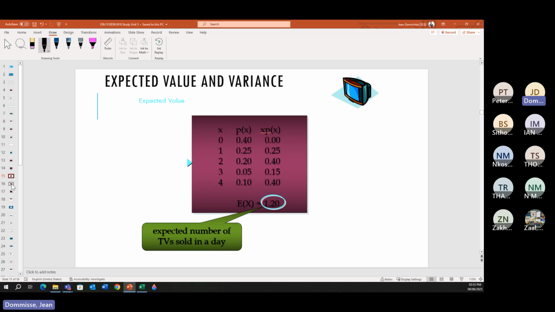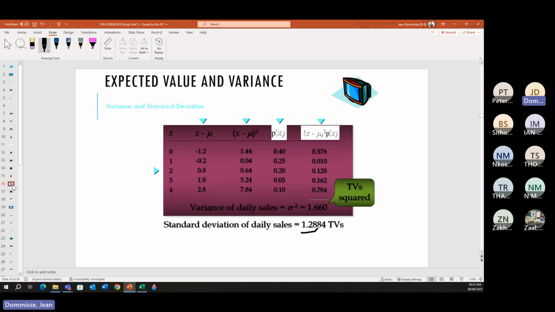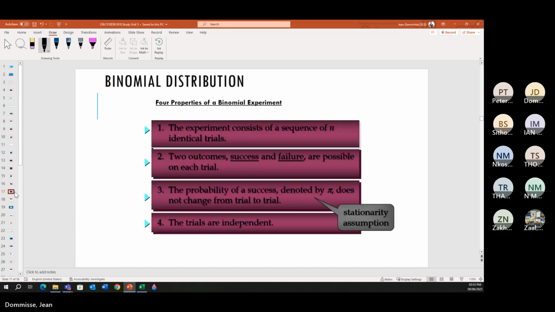So it's not that you need to use Excel, but whichever one is the easiest for you to use, please do. Okay, so that was a quick summary of your discrete probabilities.